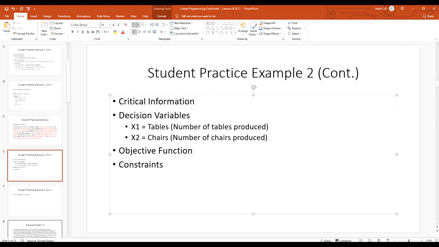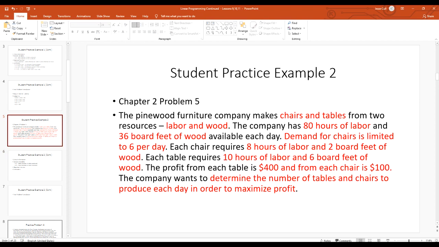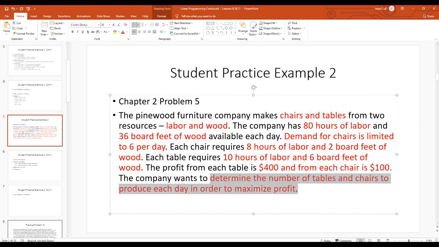In our objective function, as we stated, we have to relate our decision variables to our ultimate goal of maximizing profit.